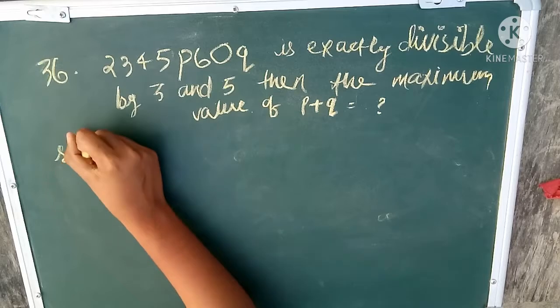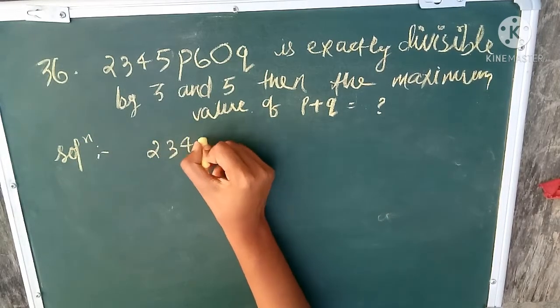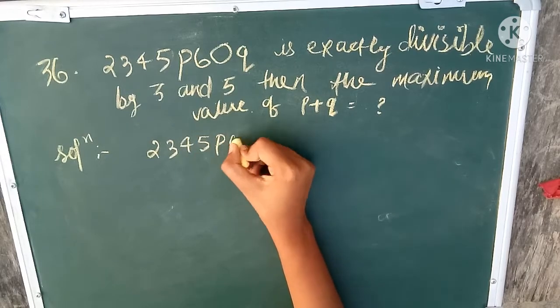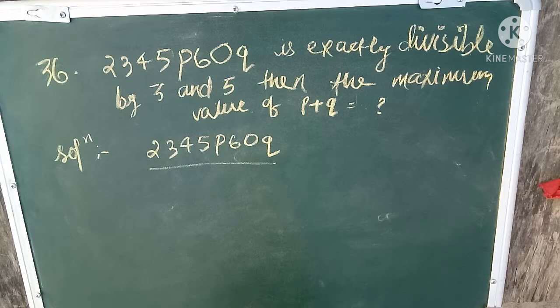Let's solve this. We have given here the number 2, 3, 4, 5, P, 6, 0 and Q. And it is given that this is divisible by 3 and 5 both. So here we need to remember the divisibility rule of 3 and 5.